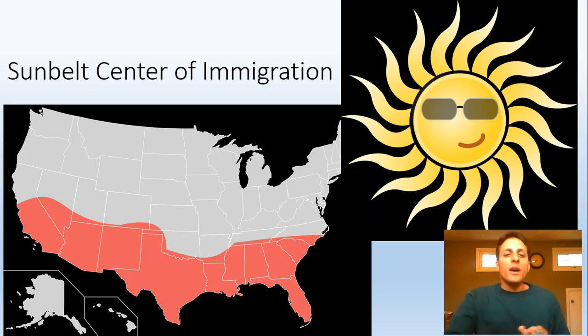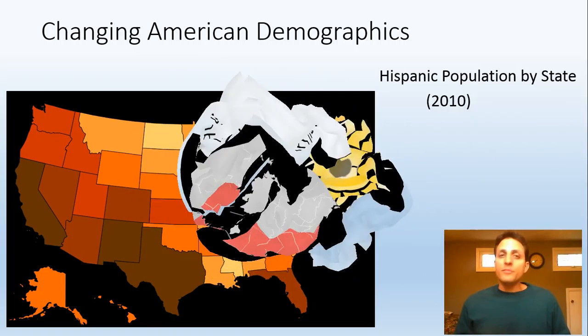When you think about that, it makes sense, because for a lot of South American and Central American countries, it's easy to go across the border and live in the Southwest or in the Southeast, and that's where you're going to see your predominant large amounts of immigrant population during the modern time period.